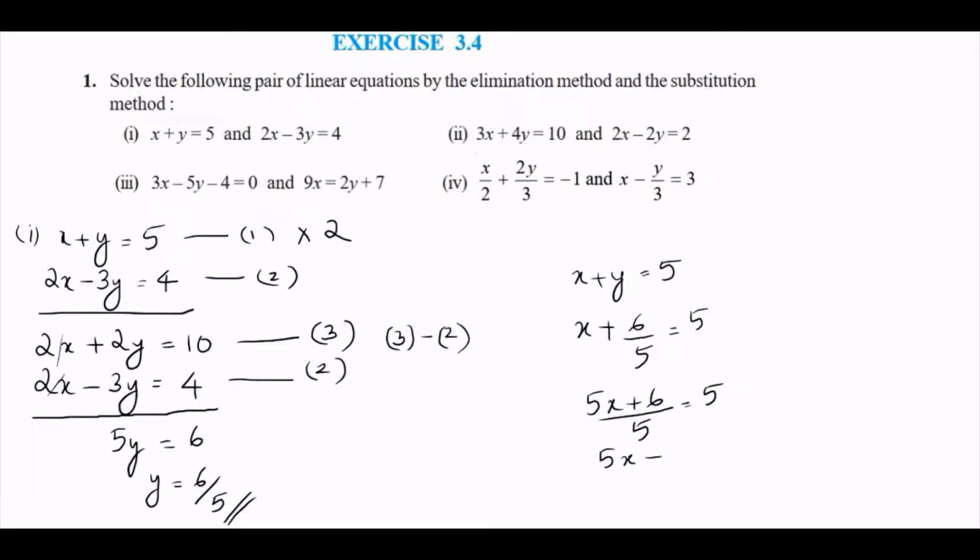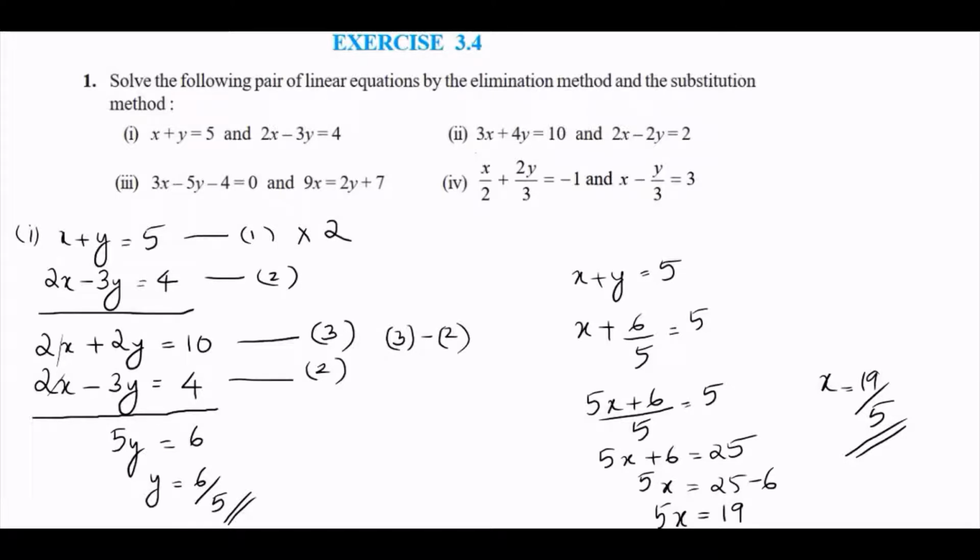So 5x plus 6 is equal to 25. That is 5 into 5 is 25. So 5x is equal to 25 minus 6, that is 19. So 5x is equal to 19. So x is equal to 19 by 5. So our x value is 19 by 5 and y value is 6 by 5.